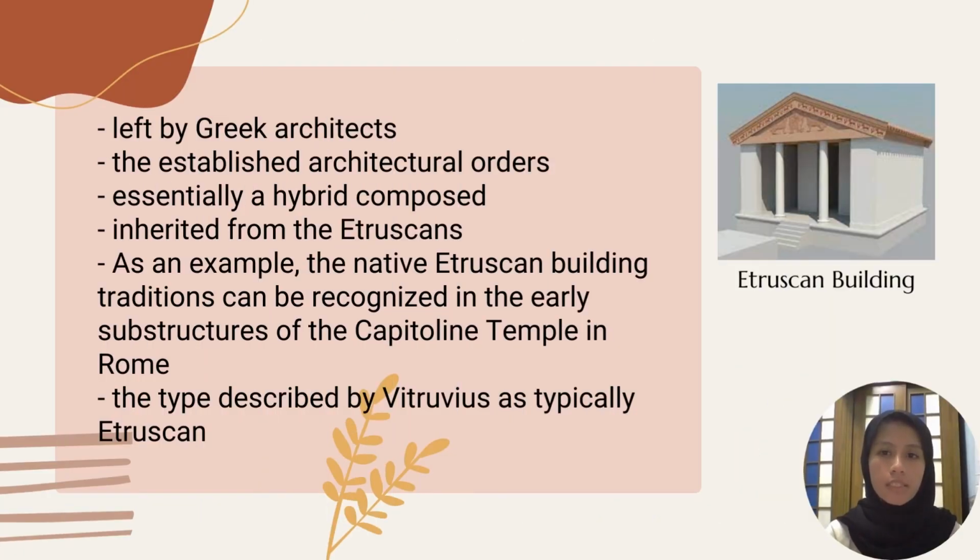Roman architecture continued the legacy left by Greek architects, and they established architectural orders, especially the Corinthian. The Romans were also innovators, and they combined new construction techniques and materials with creative design to produce a whole range of brand new architectural structures.